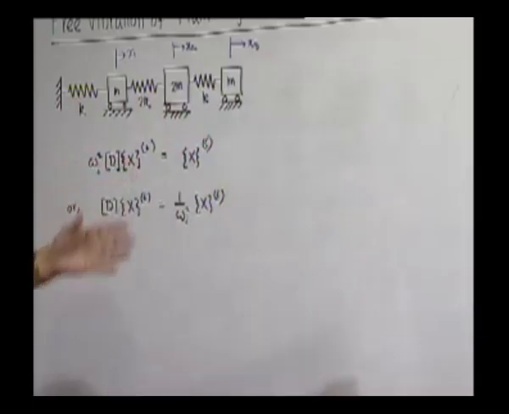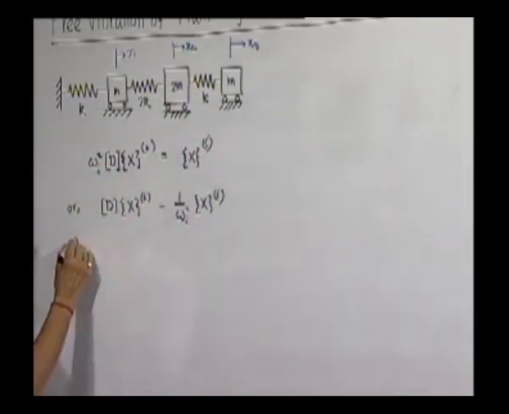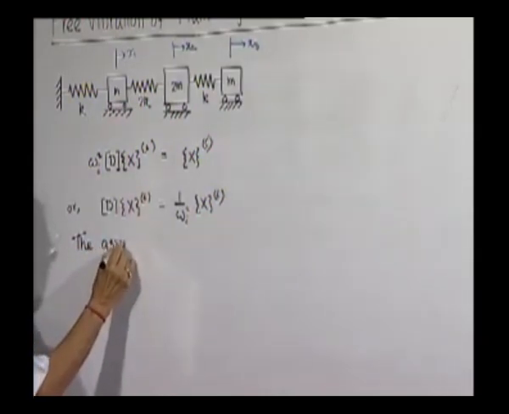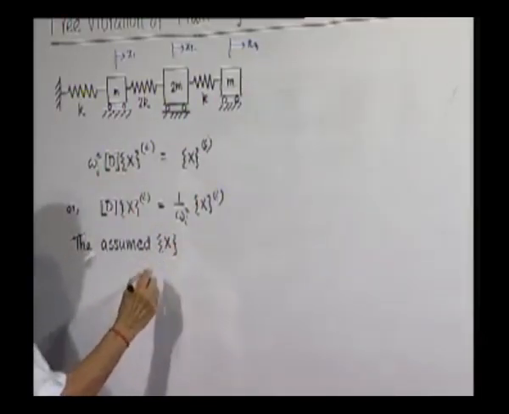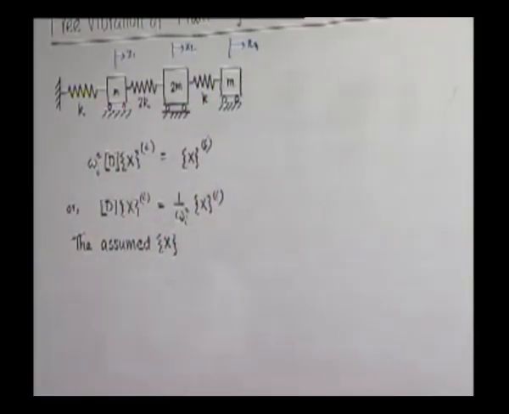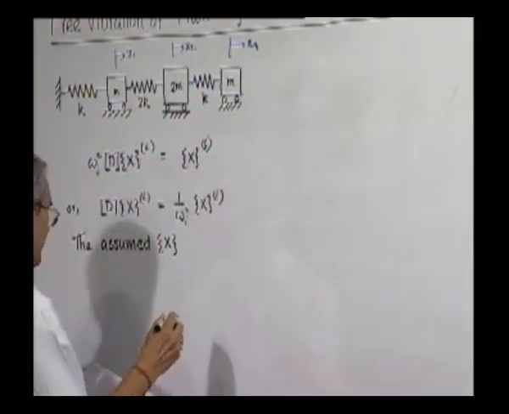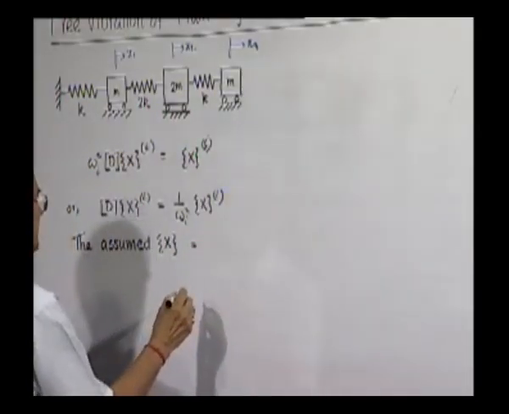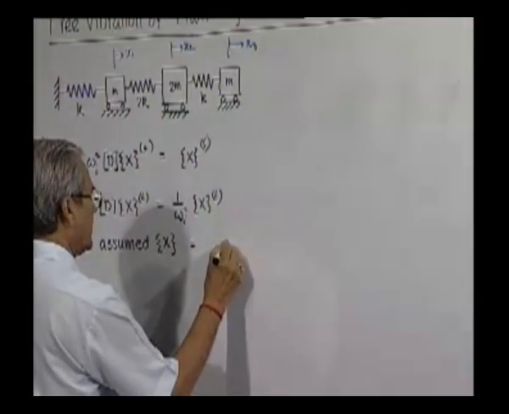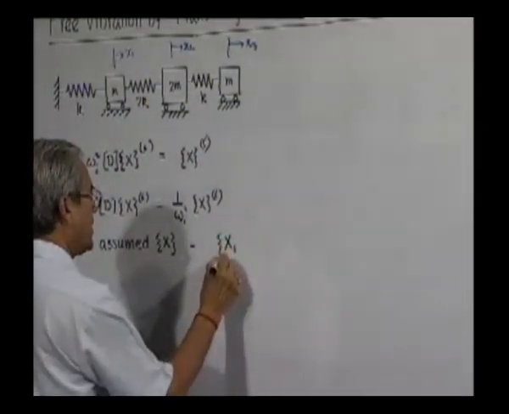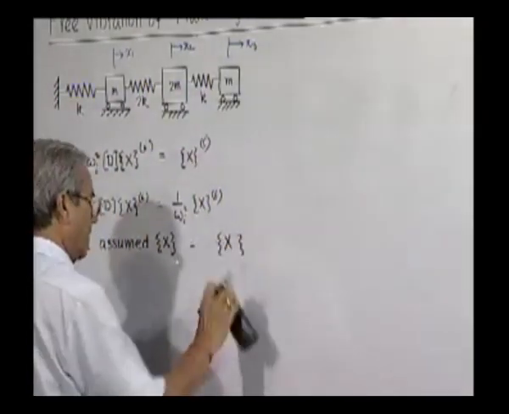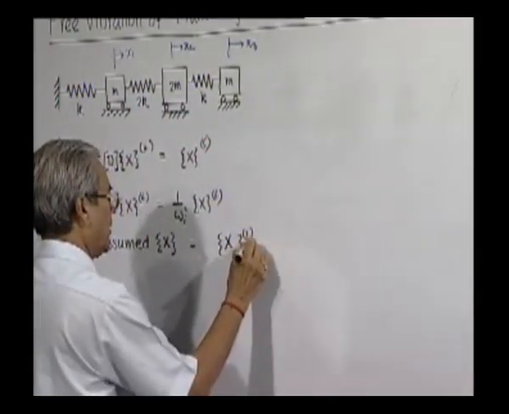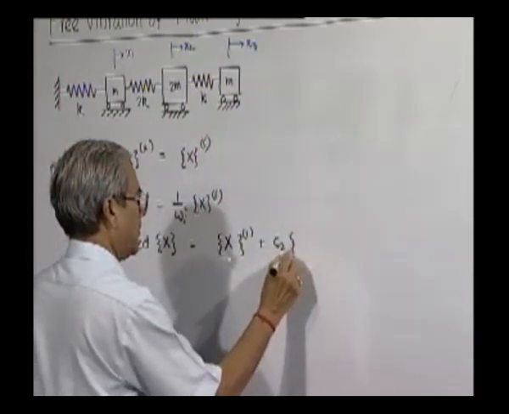Now, when we assume something, so the assumed mode shape, can always be expressed in terms of the first mode, a combination of C1 x1 and so on.